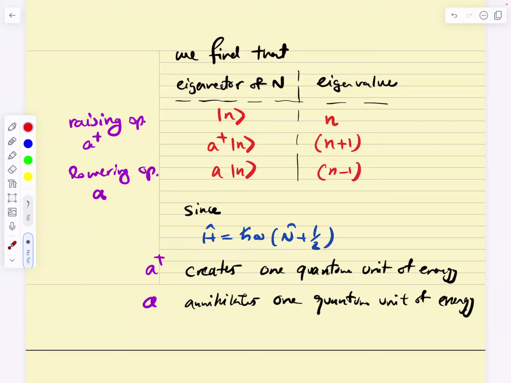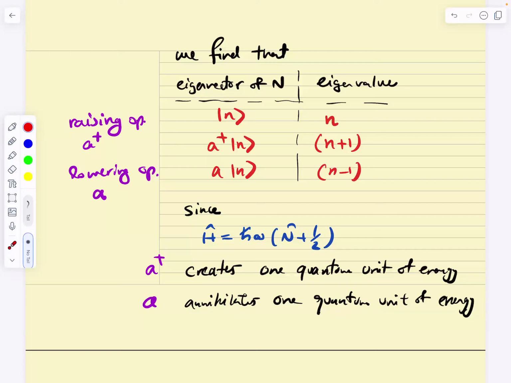From this formula, what is the ground state? The ground state is the state of minimum energy. It's a state that should be killed by a.